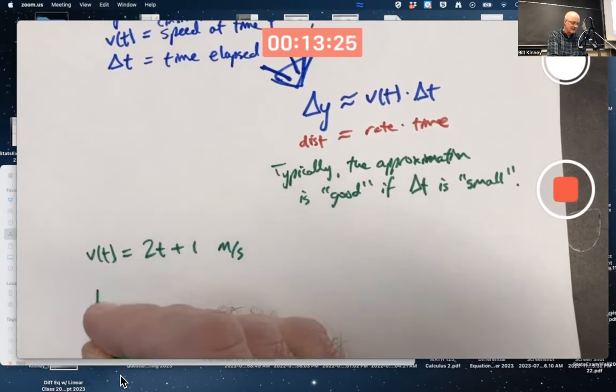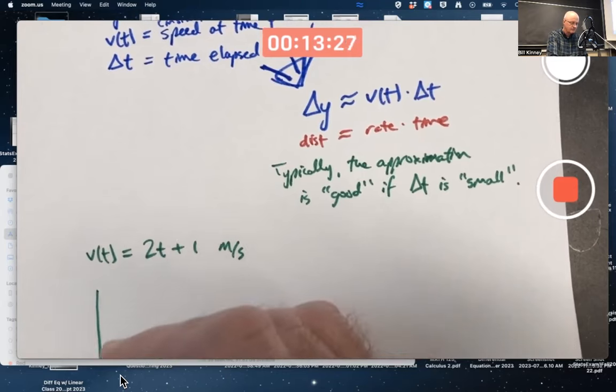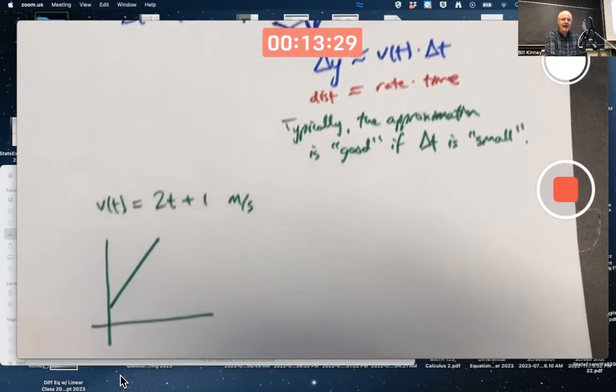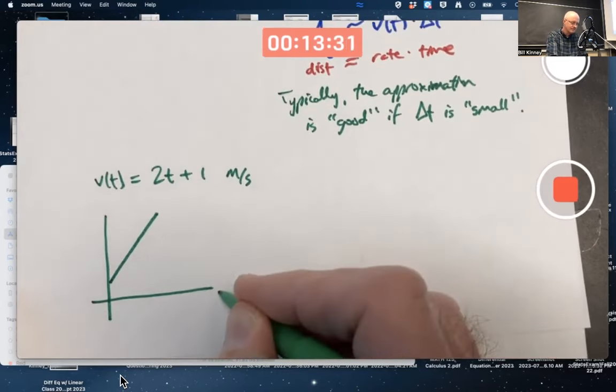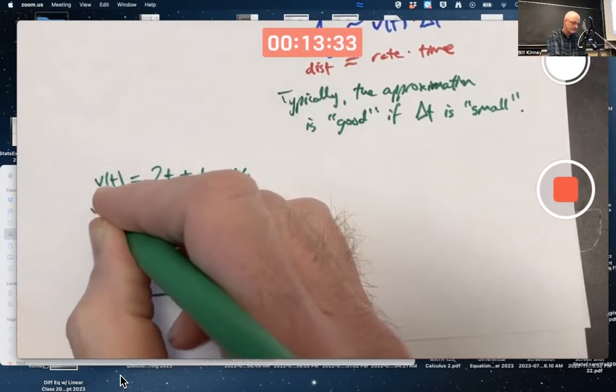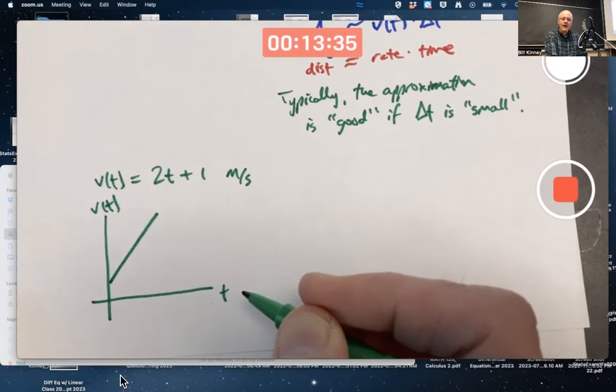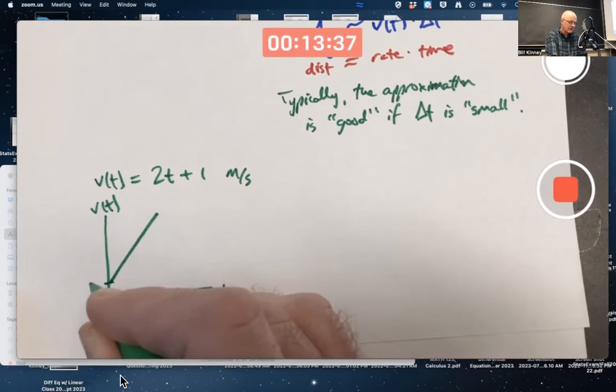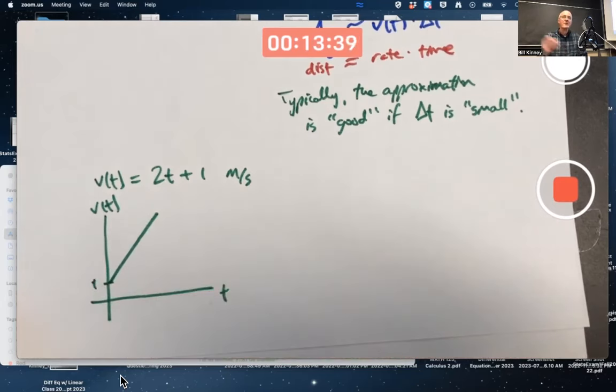If you graph it, the graph looks like that. At t equals 0, it's 1. So whatever the first moment in time is that I start my stopwatch or start the timer, at that moment, there is motion already. Motion to the right, say, at 1 meter per second.